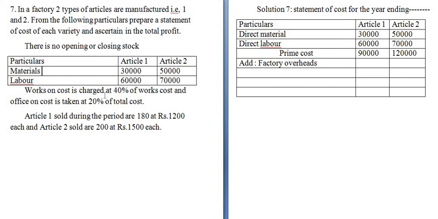This is charged on works cost, that is 40%, but we don't know what the works cost is. So we will have to assume works cost, and for that we will have one working note. So take down working note, note 1.